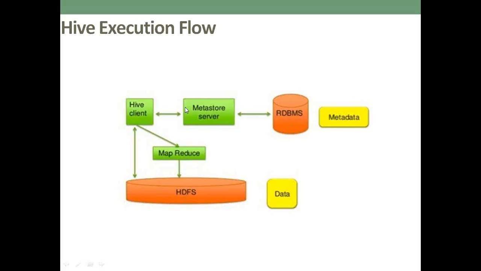It will fetch the meta information, and the Hive query engine or driver will convert it into a MapReduce program and interact with HDFS. Whatever data we need, it will fetch and process with MapReduce, and whatever the result is, it will submit to the Hive client. So this is how the execution flow works.